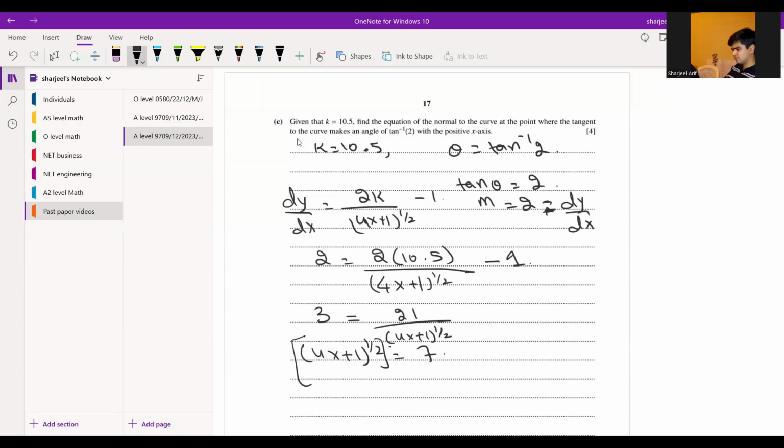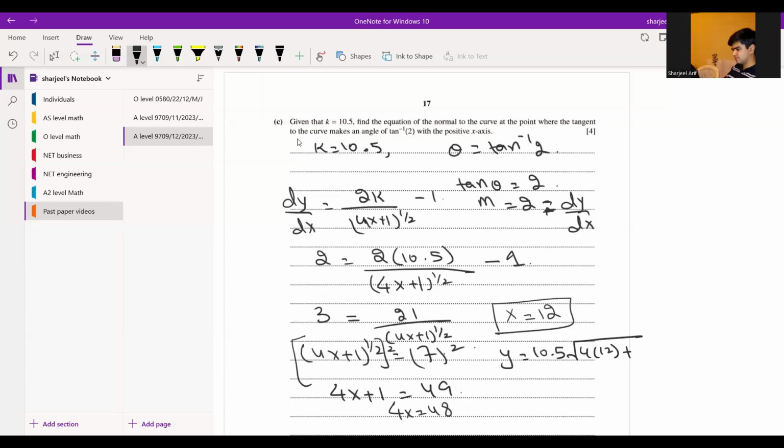Now squaring both sides. This will be 4x + 1 equal to 49. 4x will be equal to 48 and x will be equal to 12. This is the value of x. For y, we have to substitute the values in the equation. So this will be 10.5 square root of (4 into 12 plus 1) minus 12 plus 5.